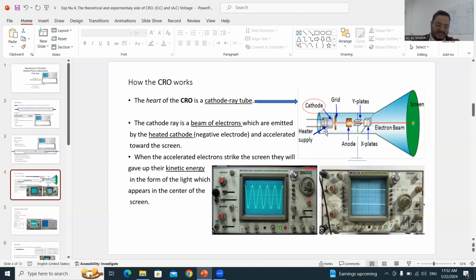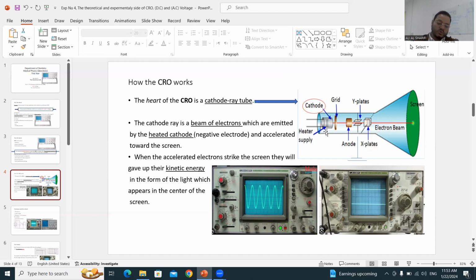After that, now we have a good group of electrons, it's enough, but these electrons can't reach the screen. By that, we can't read our results. We can't know what the result is. So we need an acceleration process to increase the velocity of these electrons so they can reach the screen.